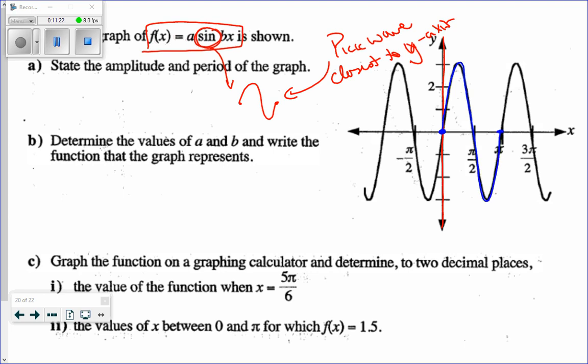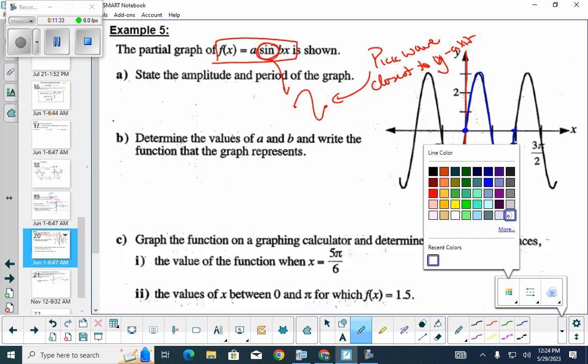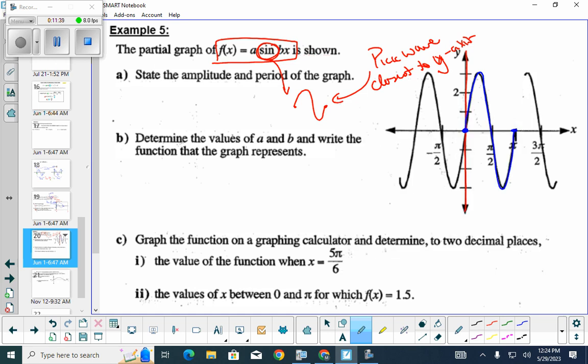What I am then going to do, now I can do this on my smartboard because it's a handy little feature, is I can change my pen to white. And what I'm going to do is go like this. I'm going to erase everything else because I don't need to see it.